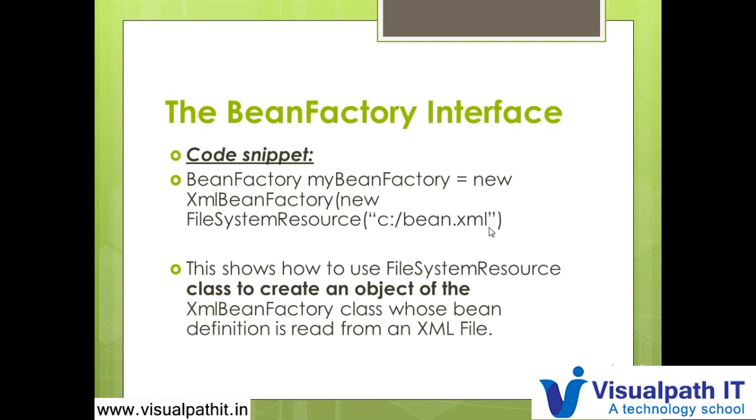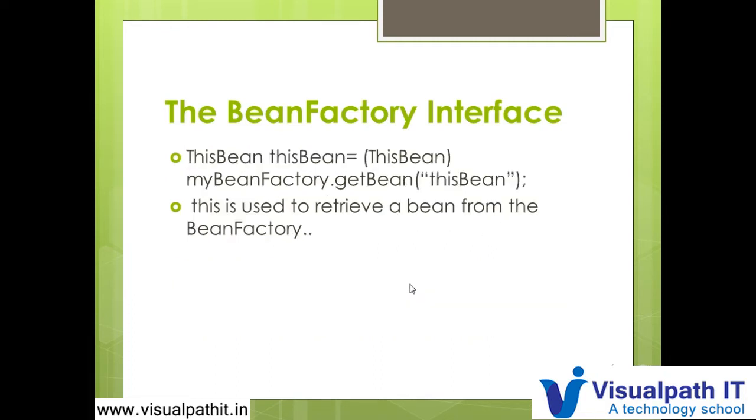FileSystemResource is again a class that will create an object of this XmlBeanFactory class, which is read from this file, that is C drive bean.xml. We can specify our own directory path here where our bean.xml is present.